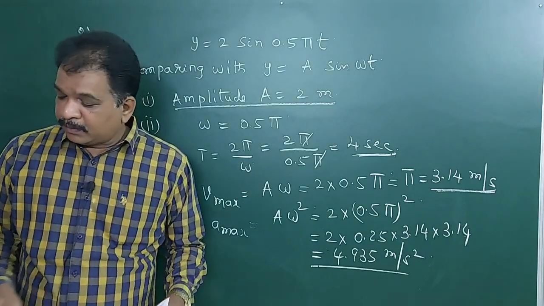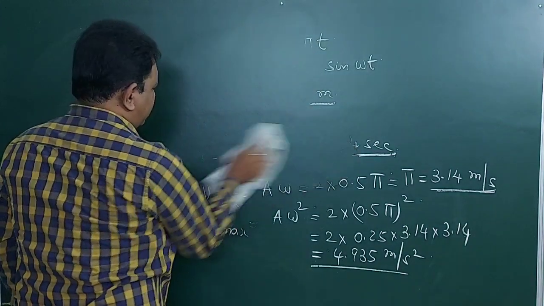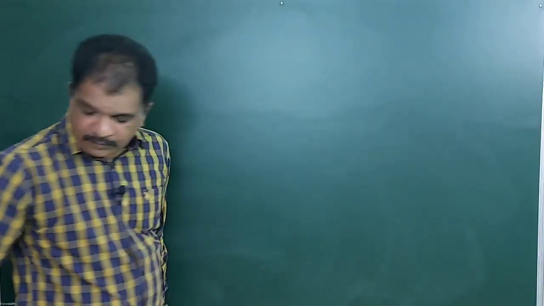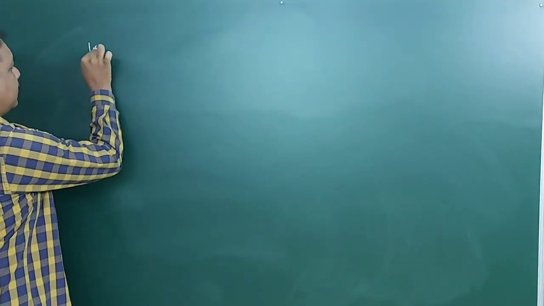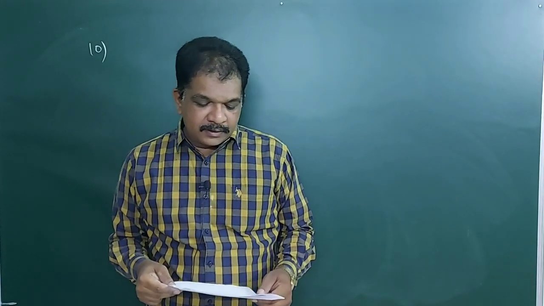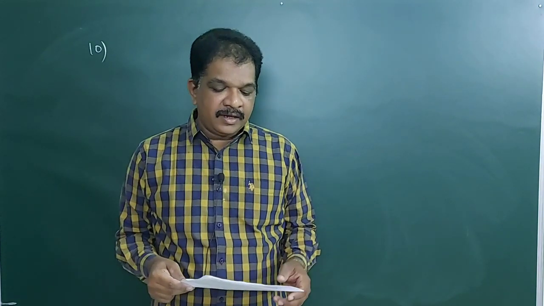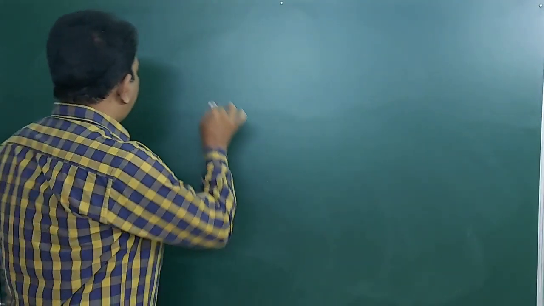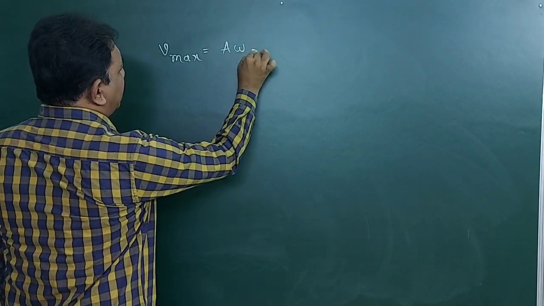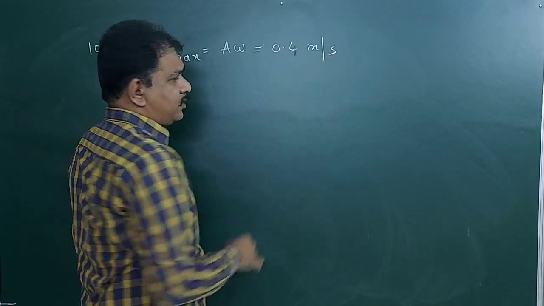Next, question number 10. See what they are asking. A particle executing SHM has a maximum velocity of 0.4 meter per second. Maximum velocity is A omega, that value they gave.